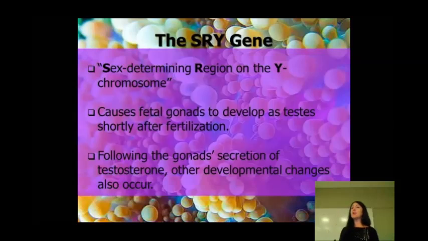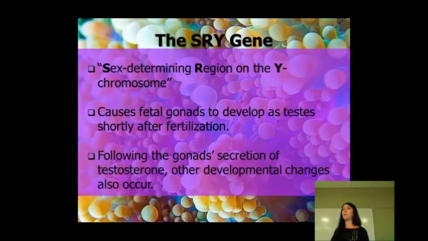In the SRY gene, and this is something that's studied here at the University of Akron, they actually have labs that study the sex-determining region of the Y chromosome. So the thing that makes males male. What it does is it causes fetal gonads to develop as testes shortly after fertilization.